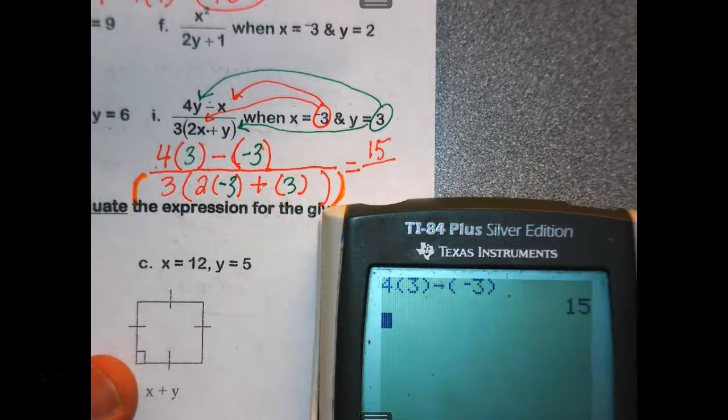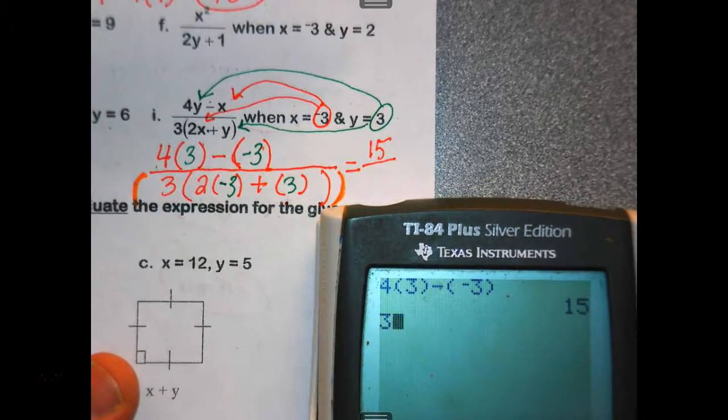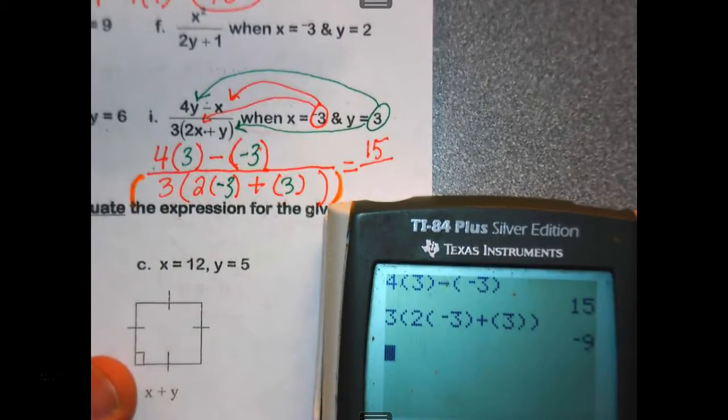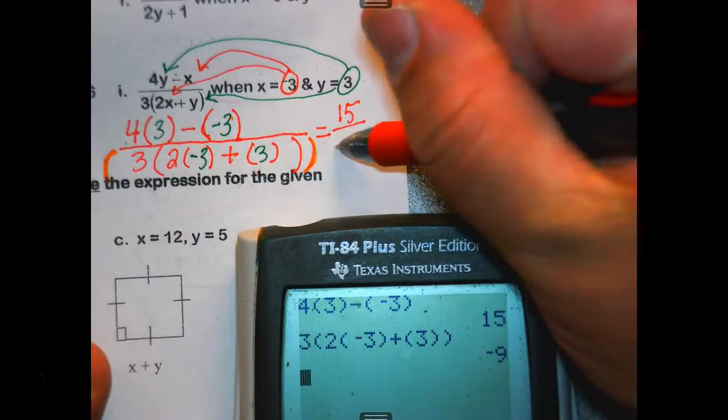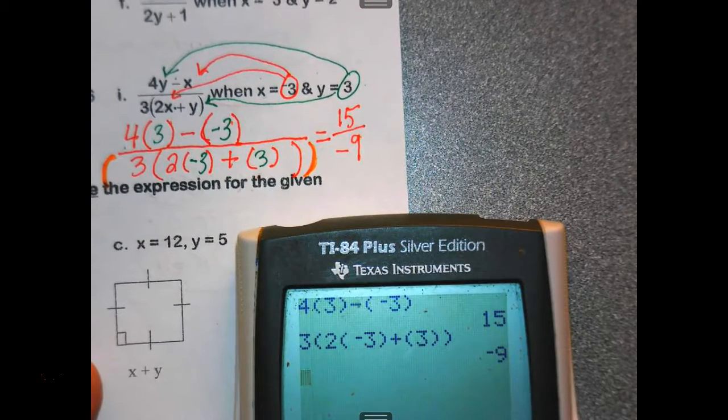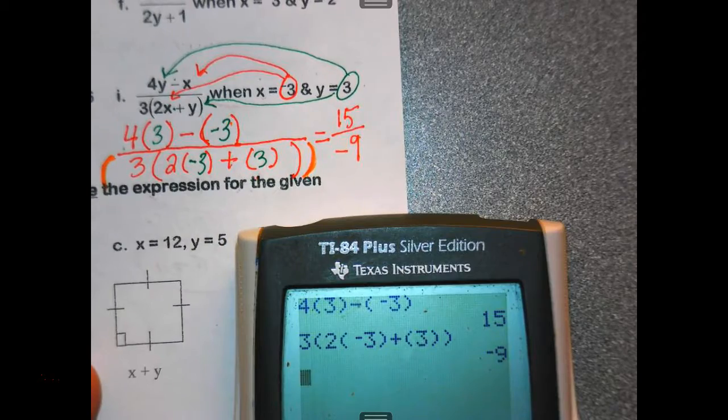And then my denominator, 3, parenthesis 2, parenthesis -3, end that parenthesis, plus parenthesis 3, parenthesis 3, and then close that one off. Enter. -9. Am I done? No, because I can simplify.